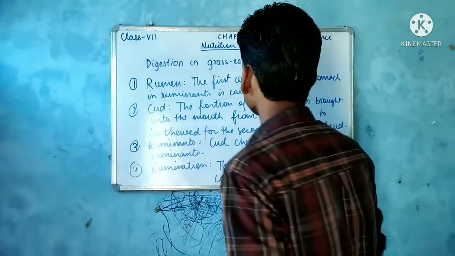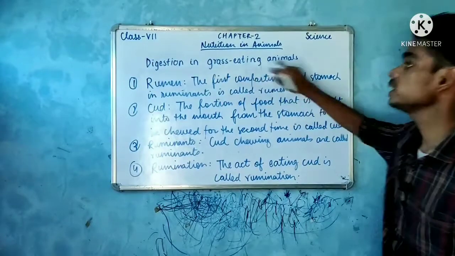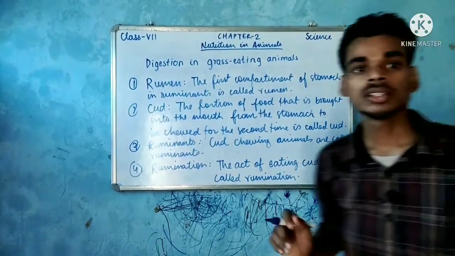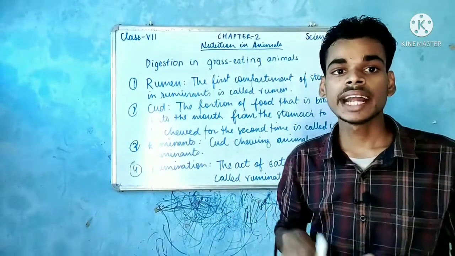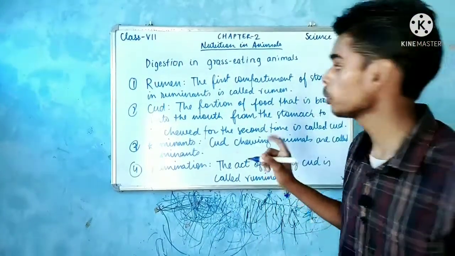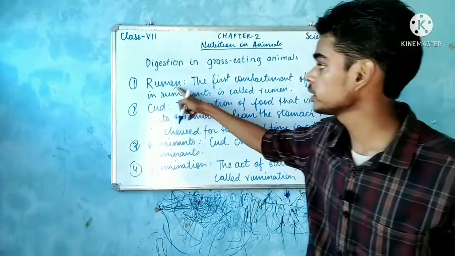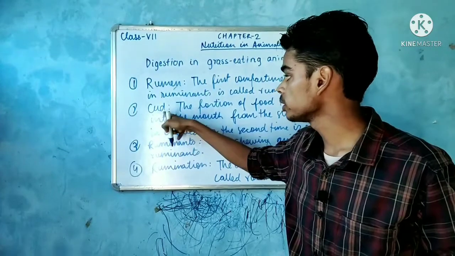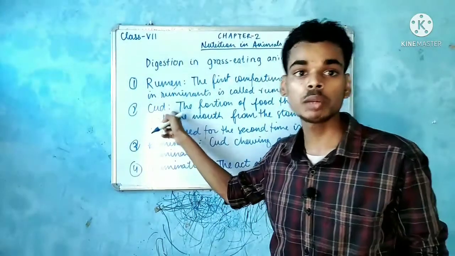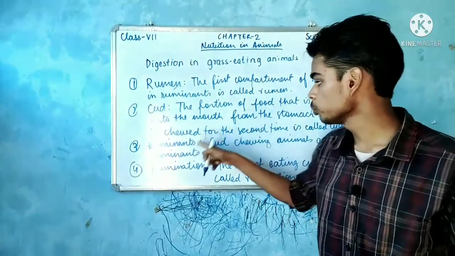So these are the few terms that you should know before proceeding to the digestion in grass-eating animals. Grass-eating animals swallow their food directly. That is stored in the first part of their stomach, called the rumen. After that, it is partially digested in the rumen, and that partially digested food is called cud, and that cud is brought into the mouth from the stomach by the ruminants.